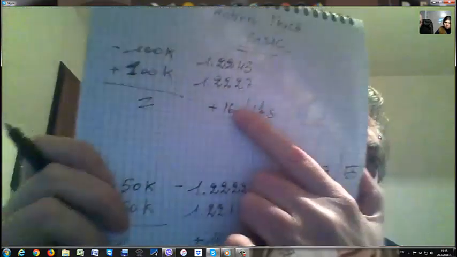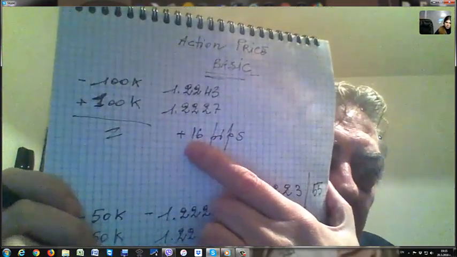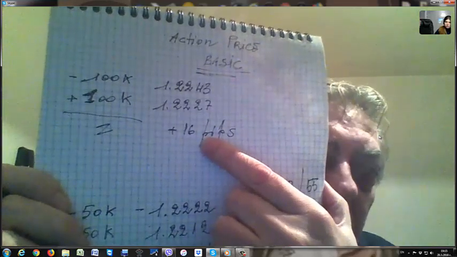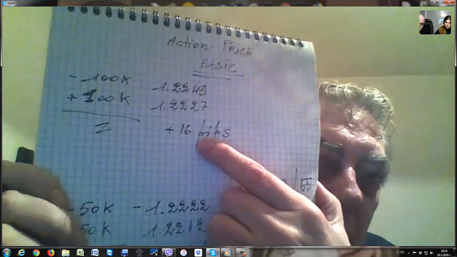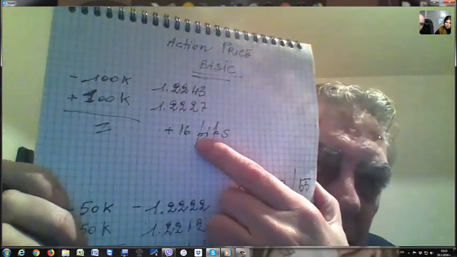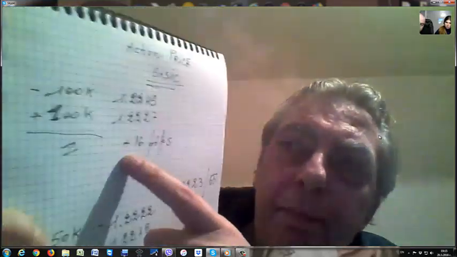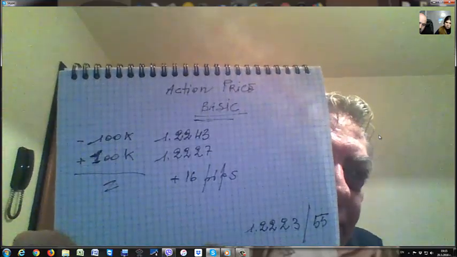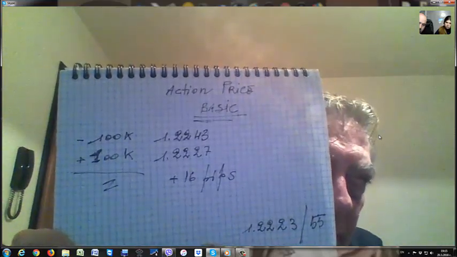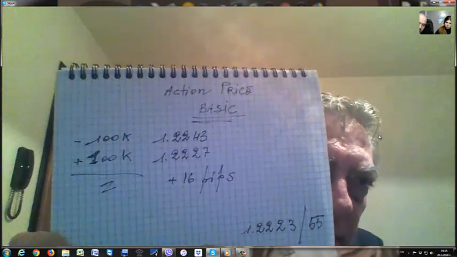So I am plus 16 for the day, plus 5, 21, because I reduced the amount. So I made 16 pips on 100 and 10 pips on 50, on half lot.